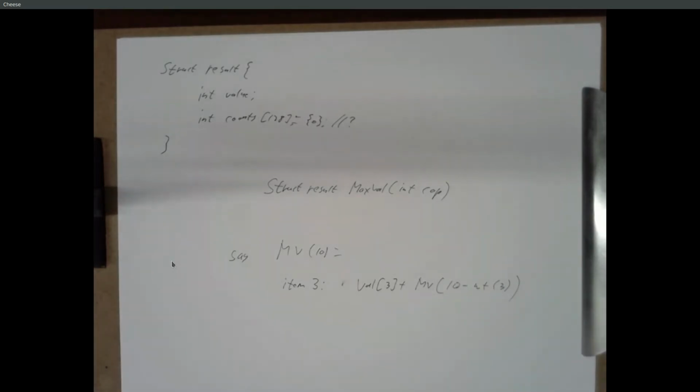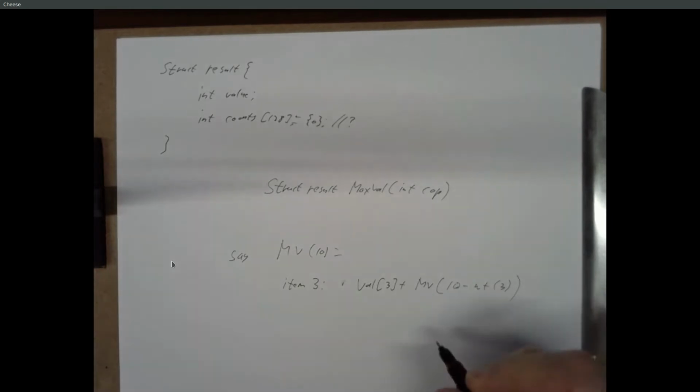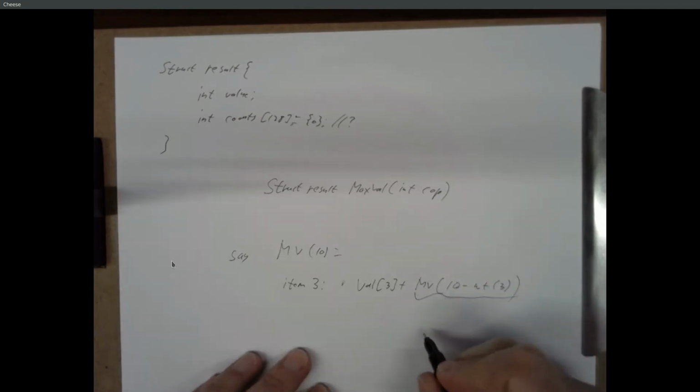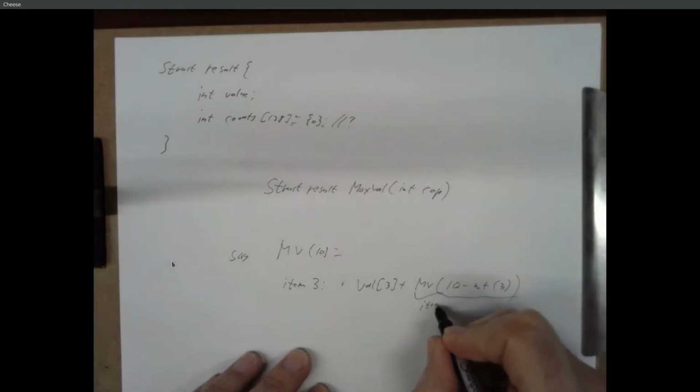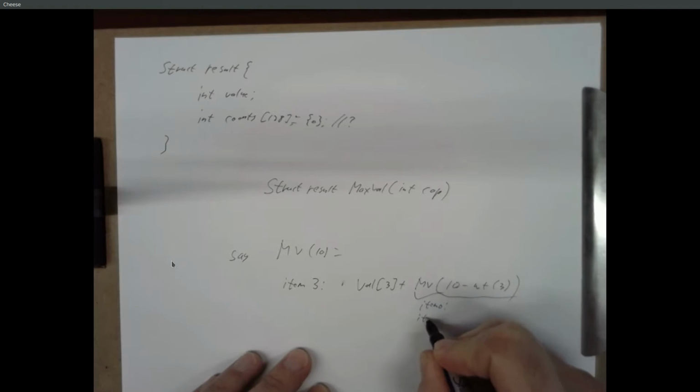Right, let's say this is what you were doing in the version that's not keeping track of items. So if you take 10, take away the weight of item 3, find the maxval of that, add the value of item 3, let's say that's the maximum value you can get out of 10, right? So this is also going to return to you an item count, how many you need of each item.